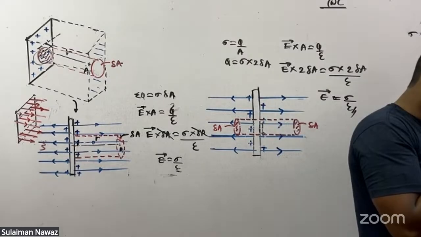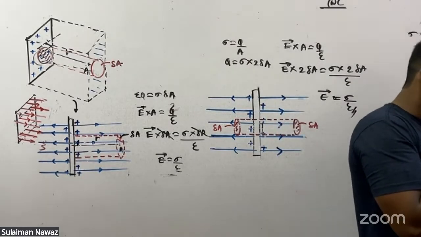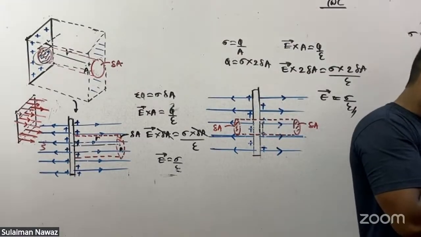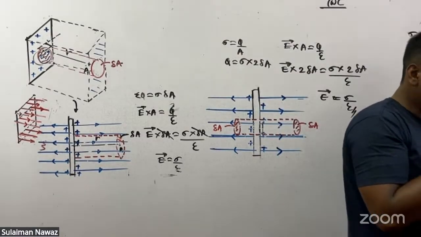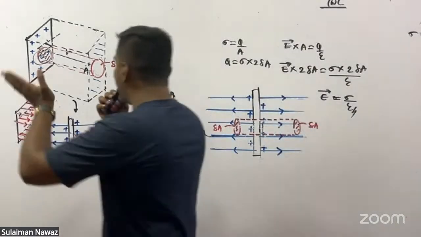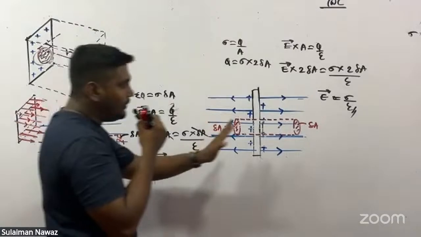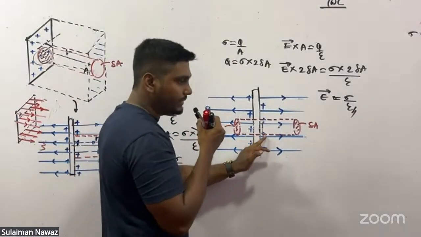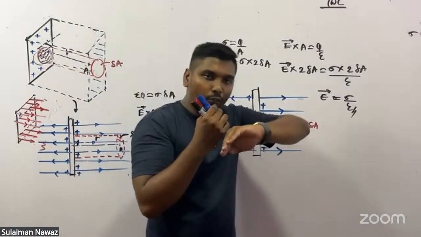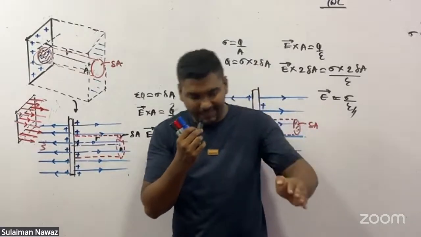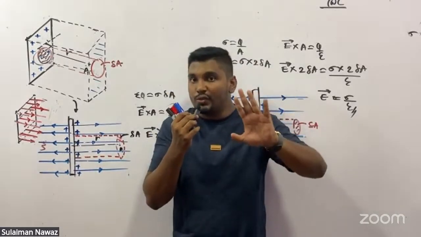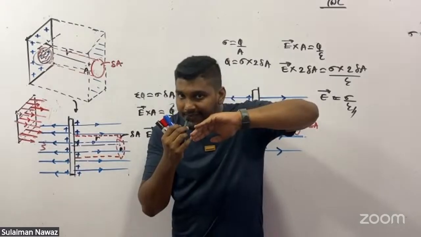Now here, if it's a non-conductive plate, we know that charges won't be stored on the surface of the plate; charges are stored inside the plate. In a conductive plate, charges are stored on both outer surfaces of the plate.